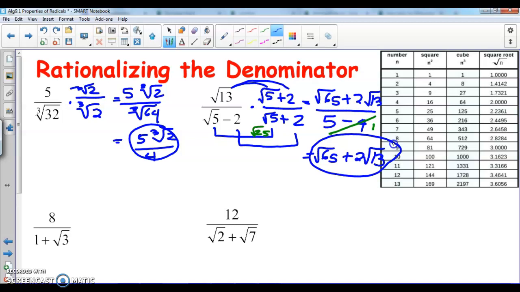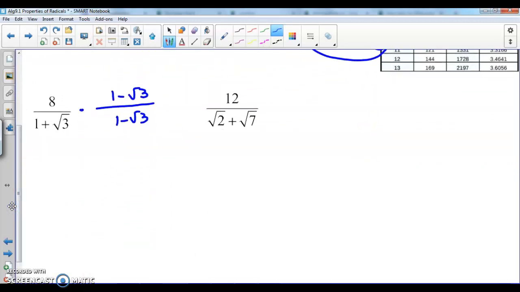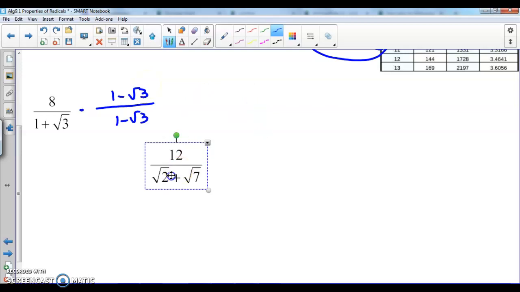8 over 1 plus radical 3. So write the conjugate. 1 minus radical 3. We'll move it down so we'll have more space. So if you multiply the top together, I could just move this one over here.